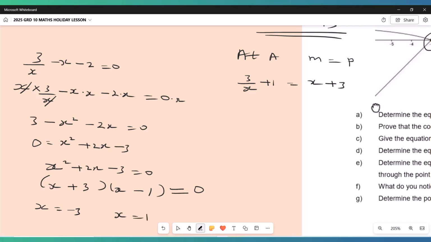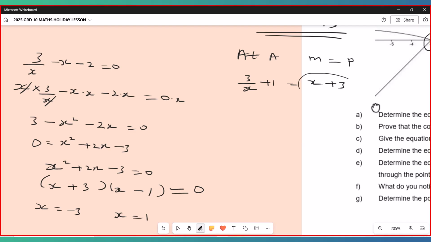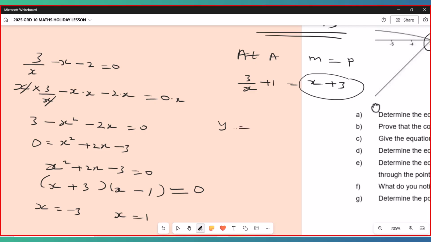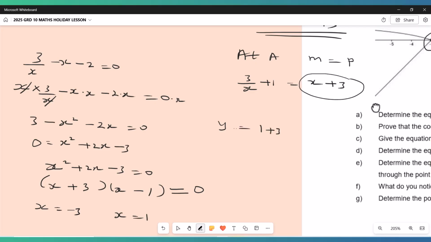Okay? After getting x as 1, I come back to find my y. So to get my y, I can use x plus 3. So my y at that point where they meet is going to be given by 1 plus 3, which gives us y equals 4.